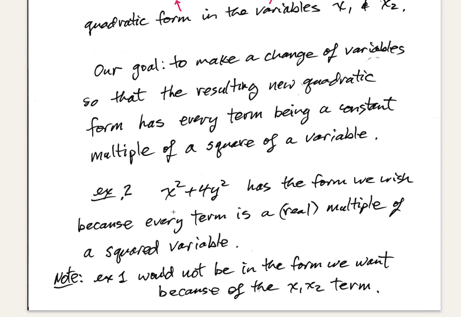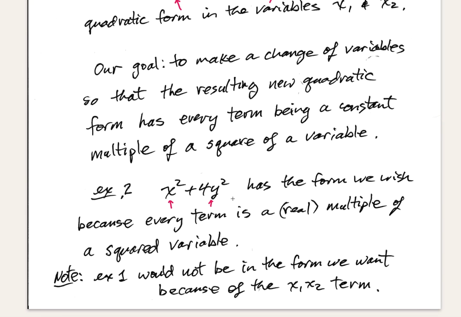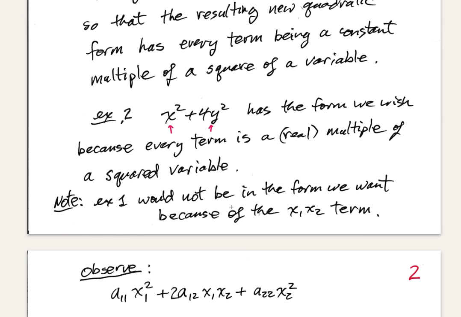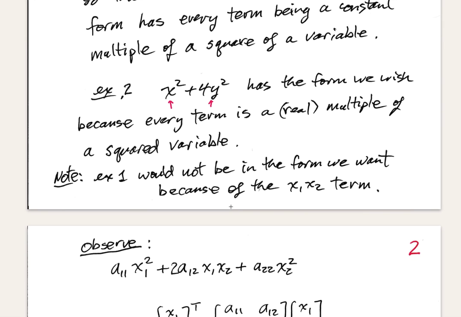But something like x squared plus 4y squared has the form we wish, because every term is a real multiple of a squared variable. So there's no xy term here; that would ruin it for us. I already noted that the first one wouldn't be appropriate because of that x1 x2 term.